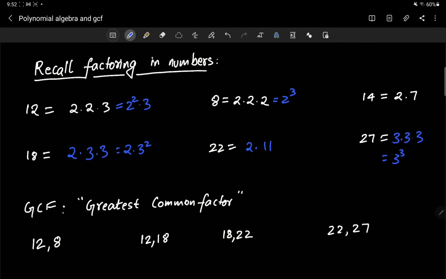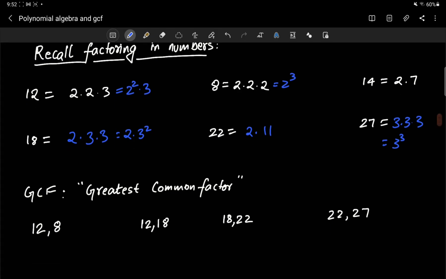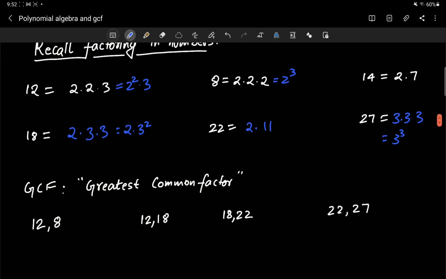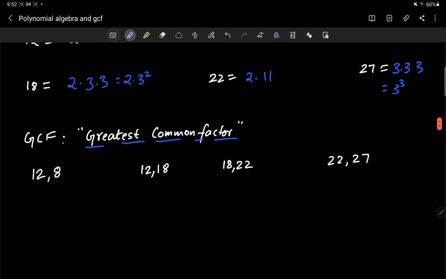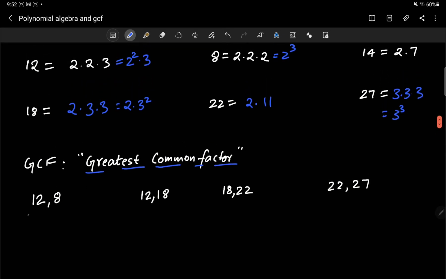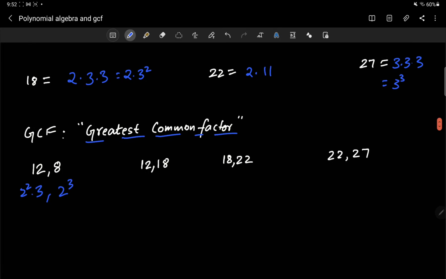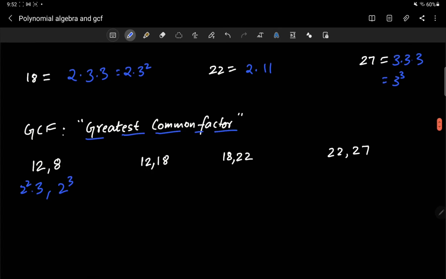Now, how this helps us is when we have to find something called the greatest common factor between two numbers, we can use this factoring technique. Let's see how. For example, from our list above, 12 is 2 squared times 3 and 8 is 2 cubed. So what is the greatest common factor?